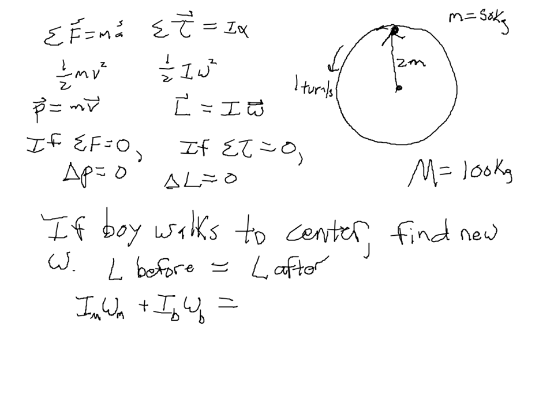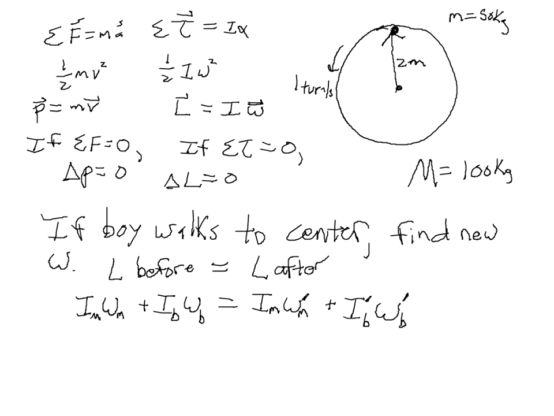After he walks to the center, we have I for the merry-go-round times the new angular velocity of the merry-go-round plus the new moment of inertia for the boy times the new angular velocity for the boy.